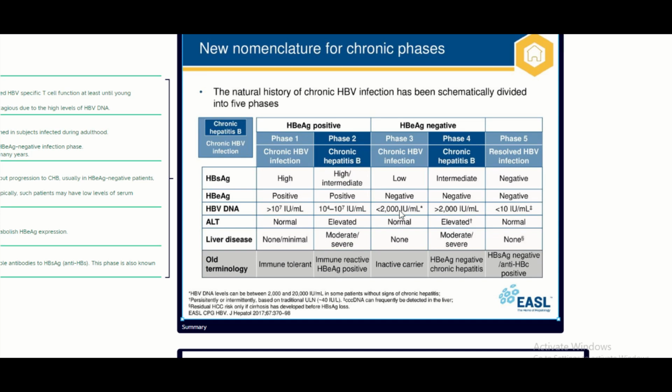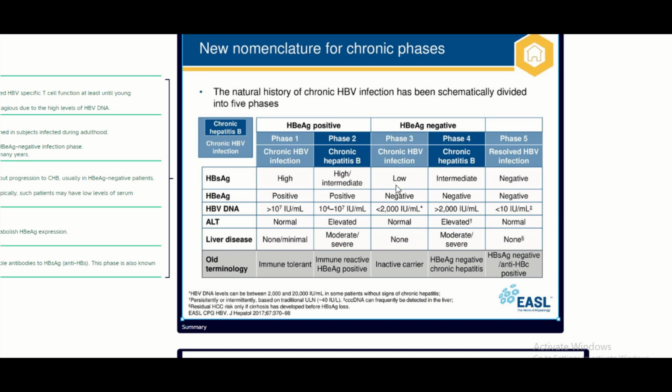The immune response has been good enough that the DNA is now at our goal. Our goal is to get into less than 2000 units per milliliter. The HBe antigen is negative because we have immune control over the replication.